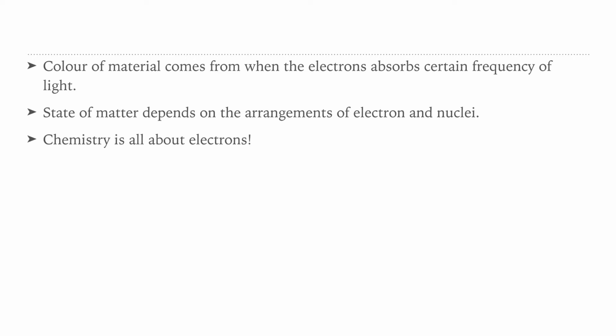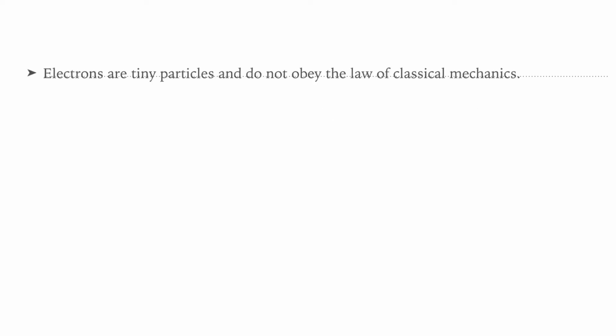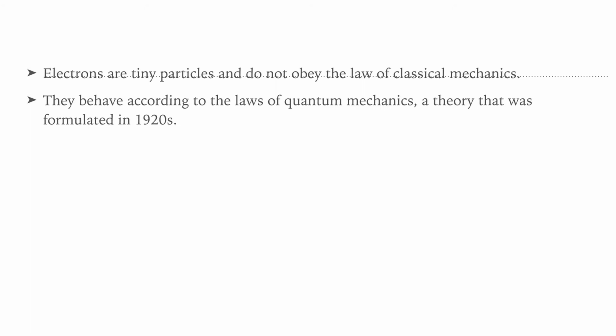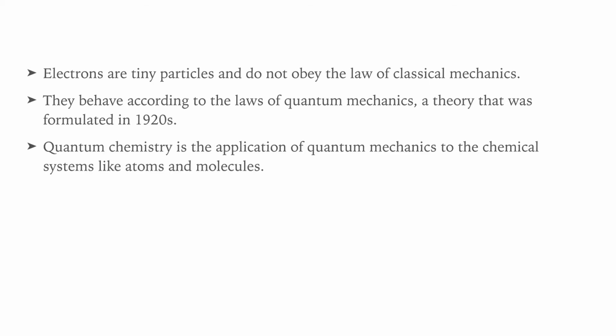And we know electrons are tiny particles and do not obey the laws of classical mechanics. These microscopic particles like electrons follow the laws of quantum mechanics. More precisely, quantum chemistry is the application of quantum mechanics to chemical systems like atoms and molecules.